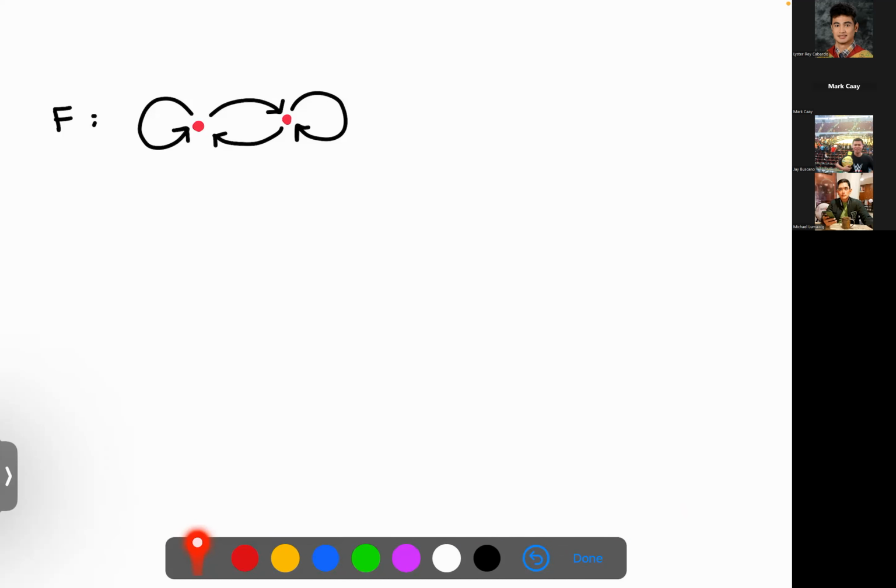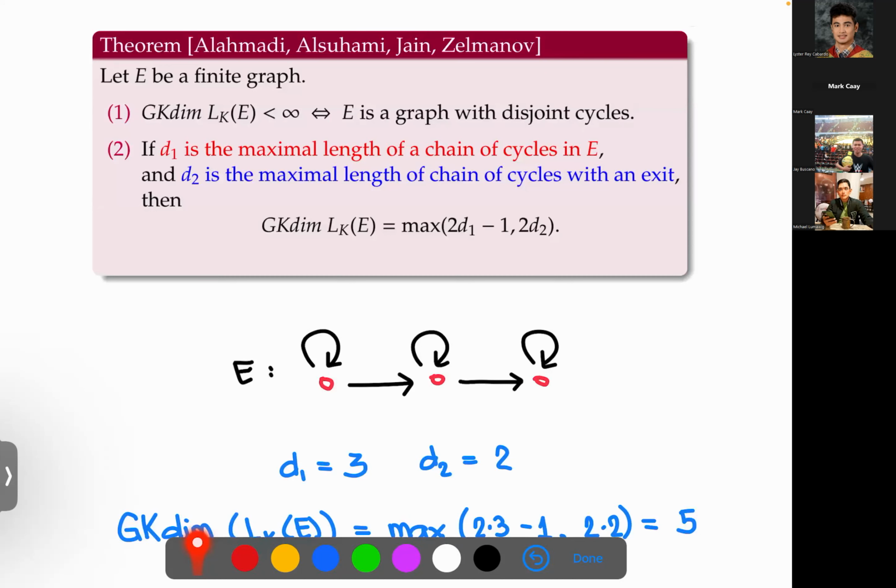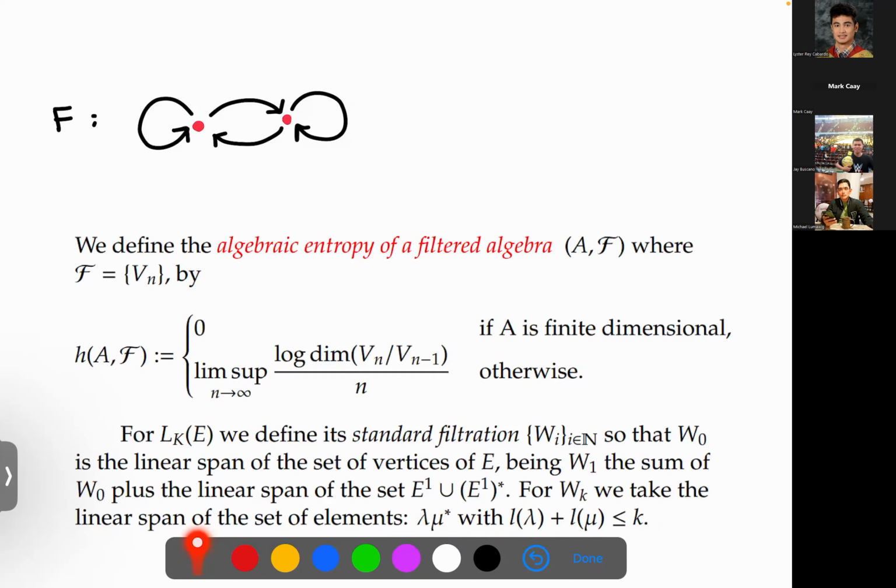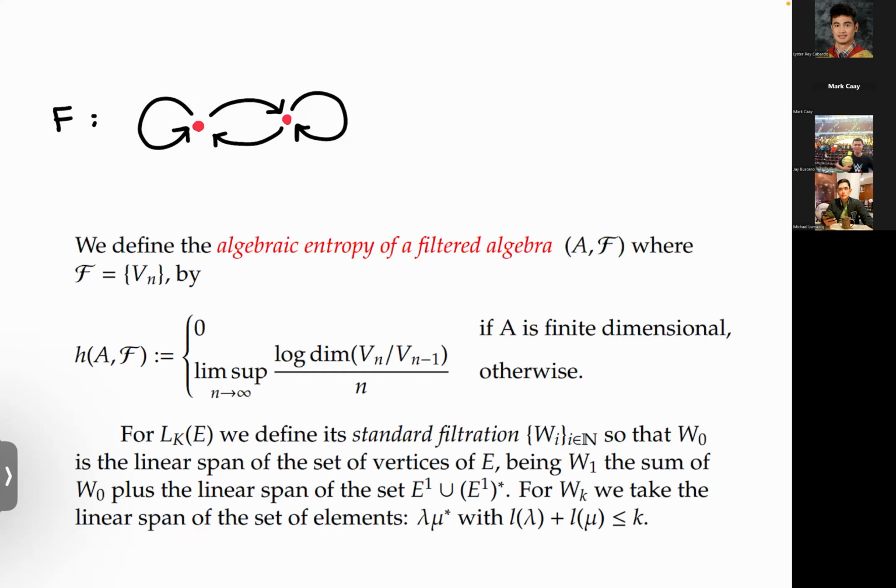But how about graphs which do not have disjoint cycles? We know by this lovely theorem that I have an infinite Gelfand-Kirillov dimension. Probably there is another notion that could cater to such graphs, because we already get infinite here. Maybe there's a different notion. And to cater to such graphs, we have defined the so-called algebraic entropy of a filtered algebra.